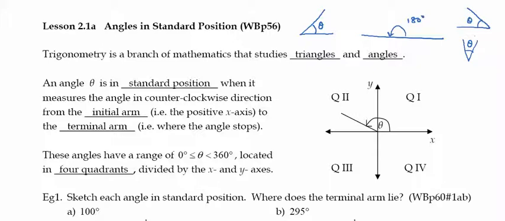Okay, so here in grade 11, we are going to measure our angle on a plane like this, the XY plane. You will always measure your angle starting from the positive x-axis. So you are going to consider that as 0 degrees.